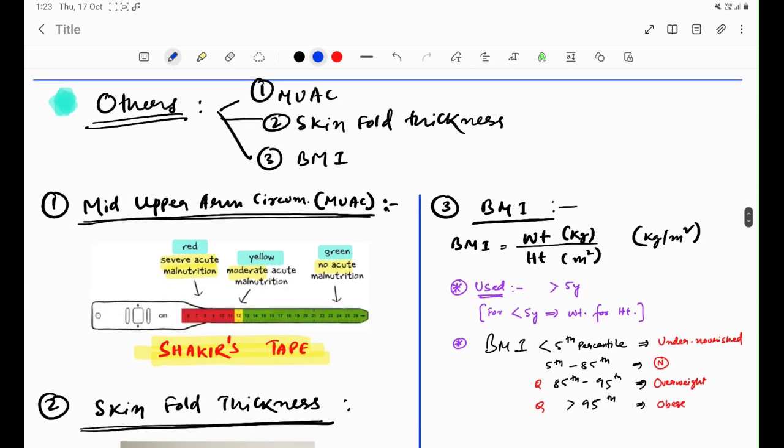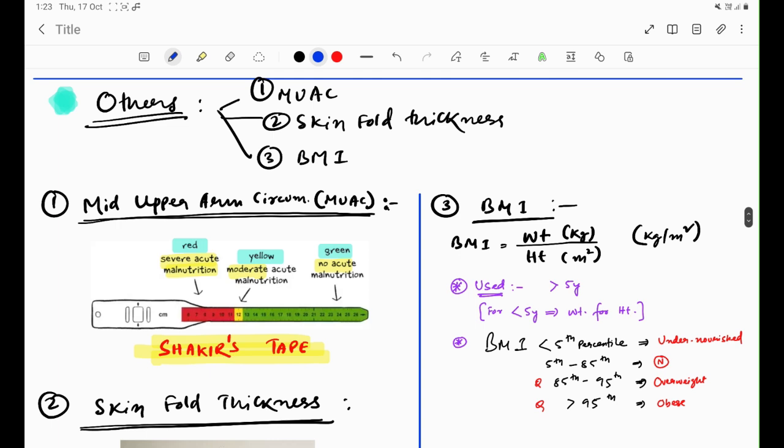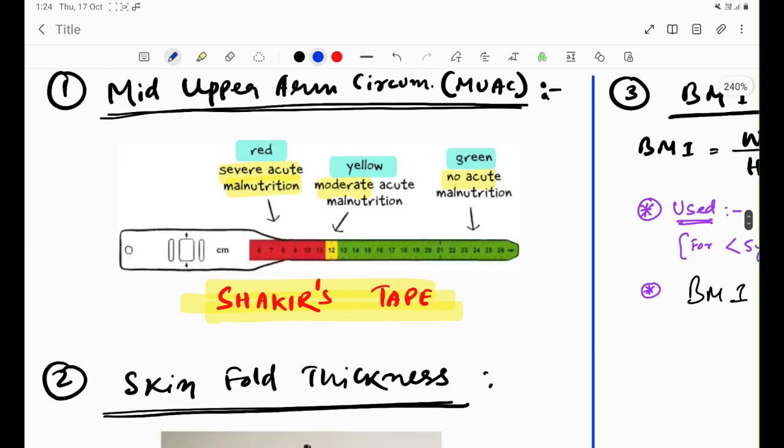Other important anthropometric parameters are mid-upper arm circumference. This is measured using something called Shakir's tape. You have to know the ranges and the color codes. Green, there is no acute malnutrition. Yellow, there is moderate, and red, there is severe acute malnutrition. Actually, you cannot call severe acute malnutrition just from this. Severe acute malnutrition definition has two other things. We'll get to read it in nutrition.